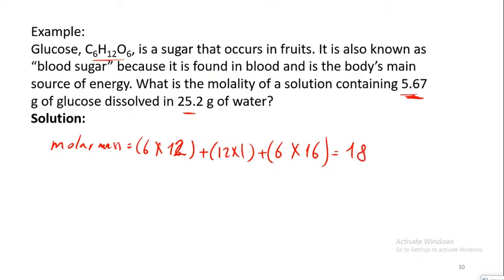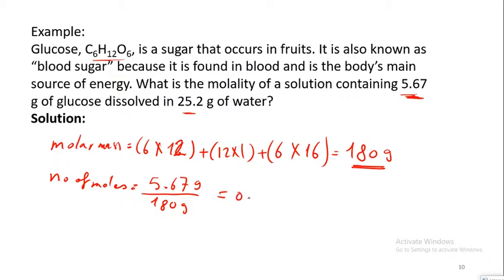The total should be equal to 180 grams. So the number of moles should be equal to the number of grams I used, which is 5.67 grams, divided by 180 grams, the molar mass of the glucose. This would be equal to 0.0315 moles.